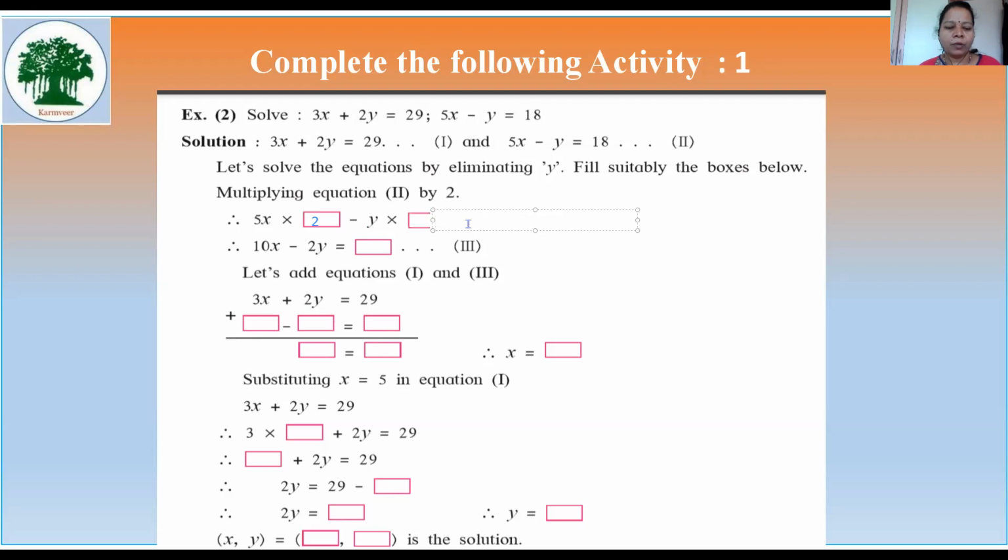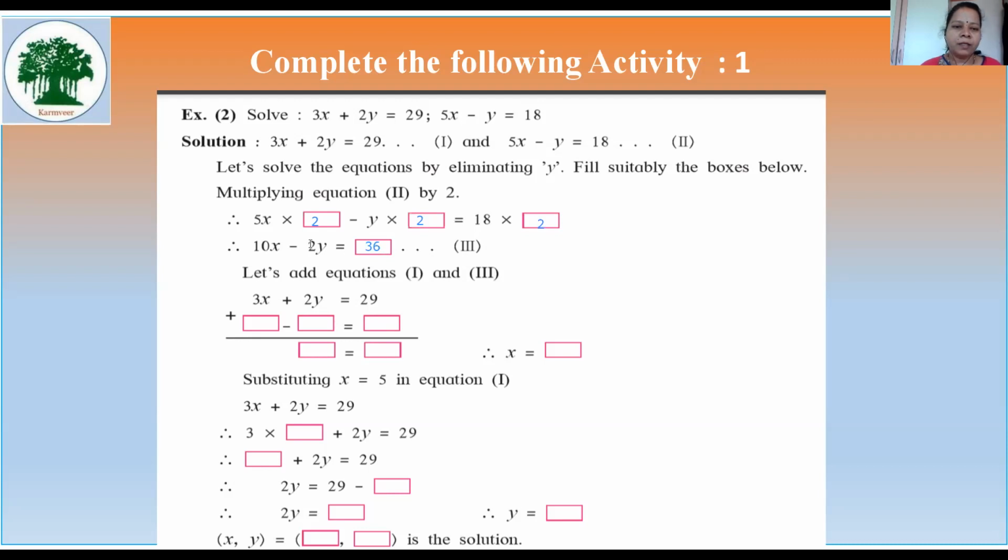So we also multiply negative y by 2, and 18 by 2. That is, 5x into 2 gives 10x, minus y into 2 gives negative 2y, equal to 36. So by multiplying equation 2 by 2, we get 10x minus 2y is equal to 36. This is the third equation.